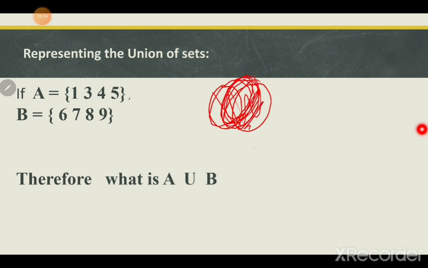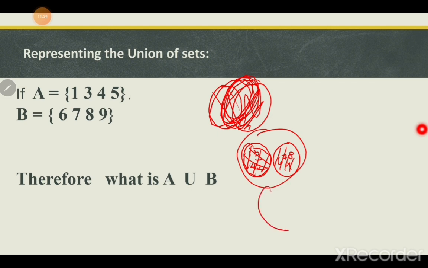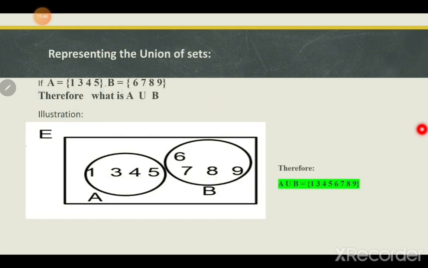So, this will be your first set, 1, 3, 4, 5, and your second set, which is your 6, 7, 8, 9. So, pag nag-union sila, naging isa lang sila. Okay? So, magiging isang set lang yan. So, we have 1, 3, 4, 5, 6, 7, 8, 9. That is the A union B. Okay?